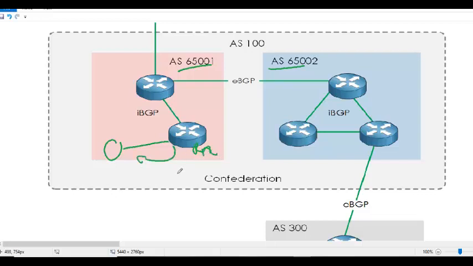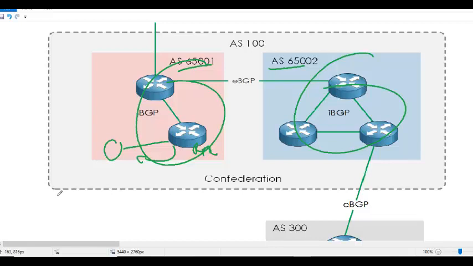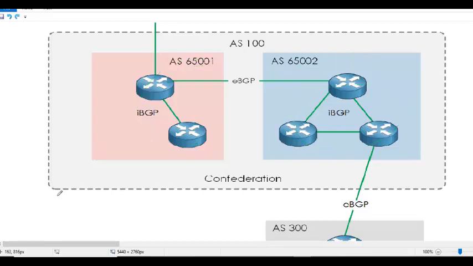Route reflectors inside the sub-autonomous systems, and the sub-autonomous systems themselves, are also a solution for the IBGP split horizon issue.